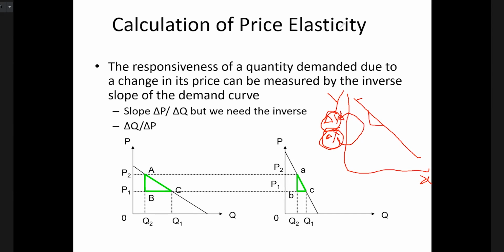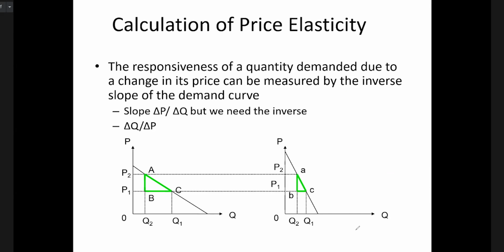Yeah? Then in this demand analysis also we can do the same thing. We can look at the change in P, which is the independent, and change in Y, which is the dependent.